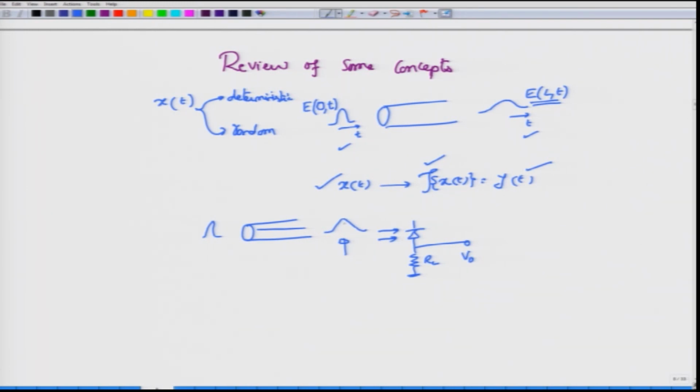This optical pulse sent into the photodiode would then generate a photocurrent, and this photocurrent would flow through the load resistor RL to generate the photo voltage, so to speak. But unfortunately, this RL is an ideal resistor, whereas a real resistor is a physical resistor.